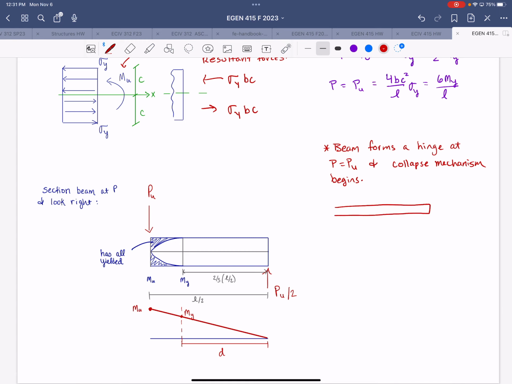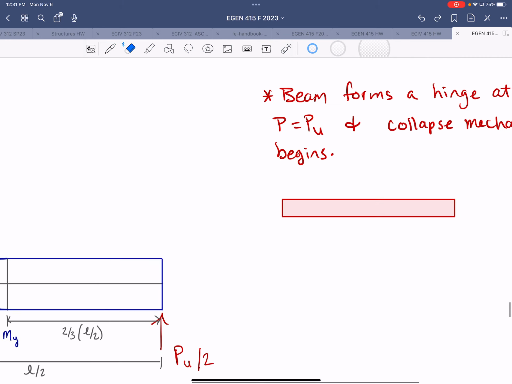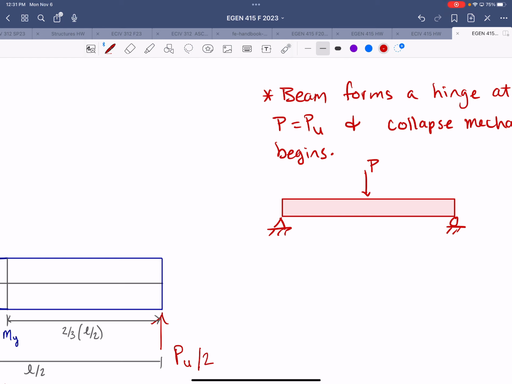So if we consider the entire beam for a second, and we have our simple supports and the applied load, P. Basically what's happening is the portion of the beam that has yielded is what I'm shading in.